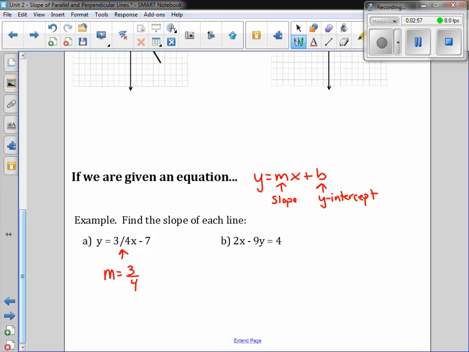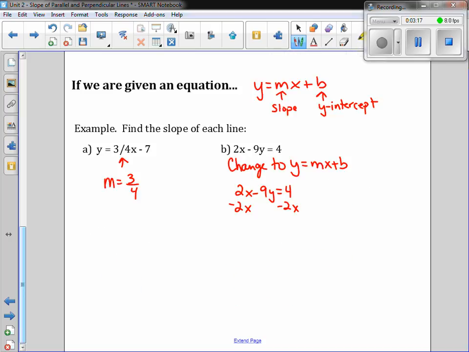In example B, it is not written in the form of y equals mx plus b, so we want to change to y equals mx plus b. That means we need to move our x to the right-hand side. So we take 2x minus 9y equals 4, and we subtract 2x from both sides. That leaves us with negative 9y equals negative 2x plus 4.